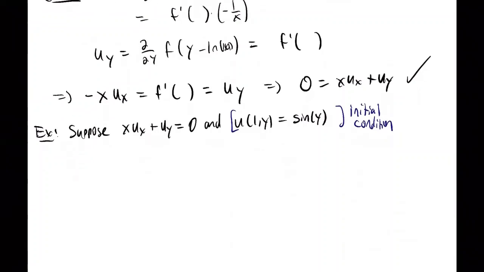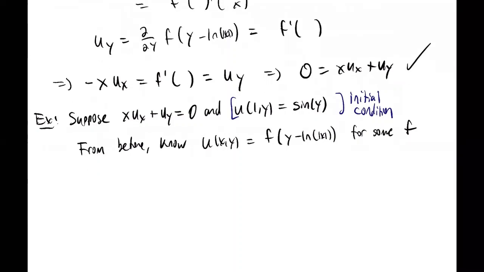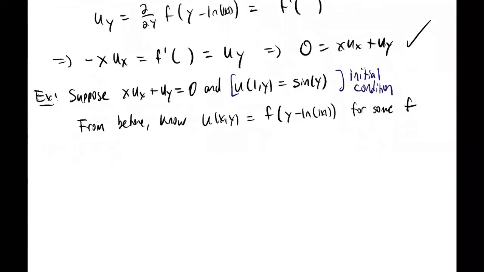Now that we have this extra bit of information in the blue box, we can get a full solution. So from before, we know that u of x comma y has to equal some function f of y minus natural log of x, for some f. And now what we want to do is use the initial condition to determine what f has to be.